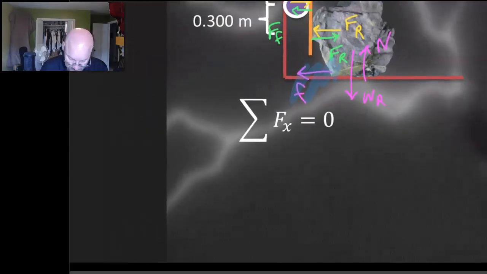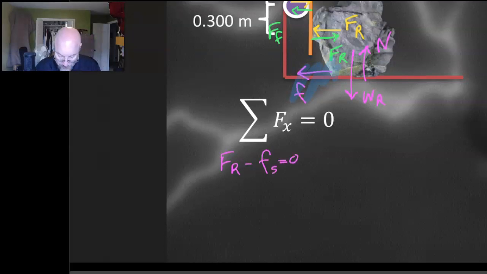So we've got F sub R pushing to the right, and our friction, static friction, is pushing the other way. Vertically on the boulder, the normal force is going to have to be the same as the weight.